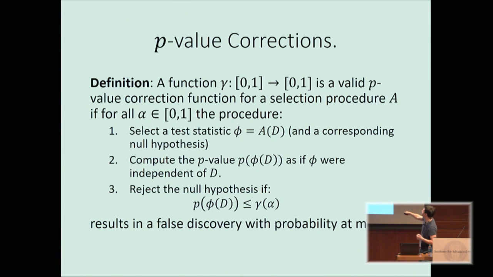So I compute the p-value as if the hypothesis were independent of the data. But then I only reject the null hypothesis if the p-value is not smaller than alpha, but smaller than the corrected value of alpha. And I'll call such a correction function valid if indeed the probability of making a false discovery when running this procedure is at most alpha.